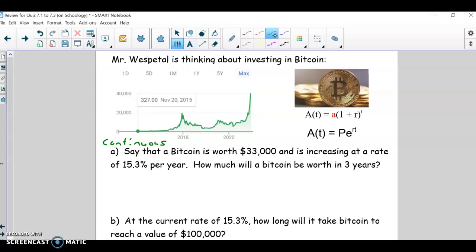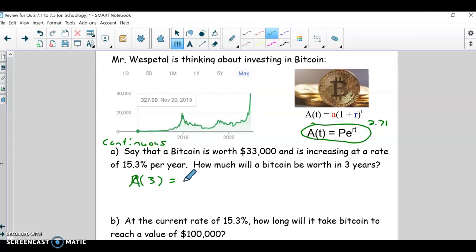Okay, so the continuous formula is this one, P E R T, where P is the principal, E is this number, like 2.71 or whatever, R is the rate, and T is the time. So if I want to know the amount after 3 years, and don't forget, that's just the function notation saying the input is 3, A of 3.